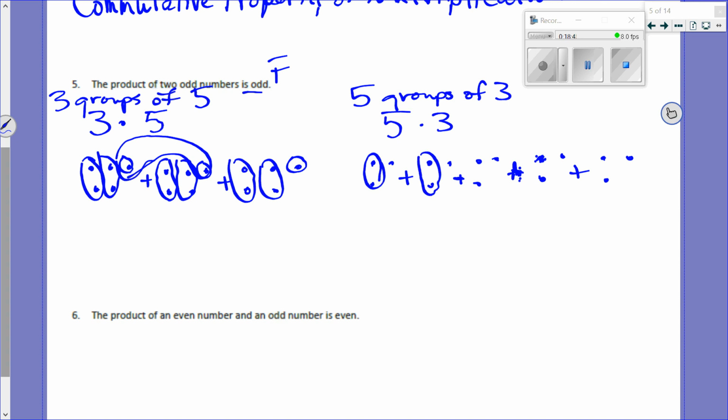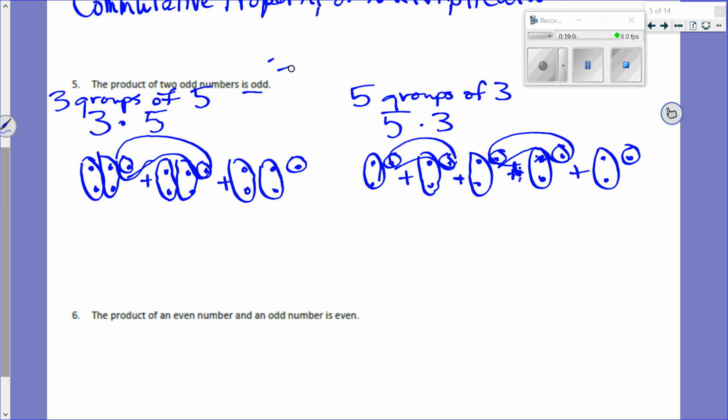Well, those are a little different. Now I've got a set there, I've got a set there, oh, then I've still got a loner. So if I multiply 2 odds, will my answer be odd? Yes, so that is not false. This is also true.